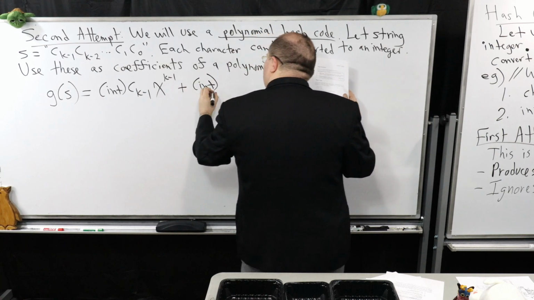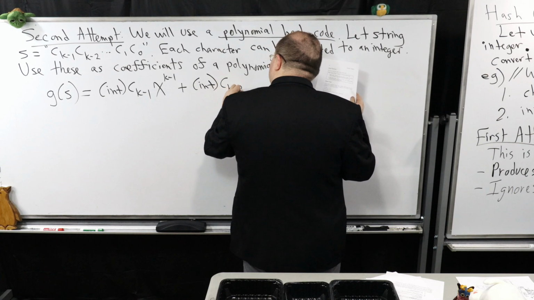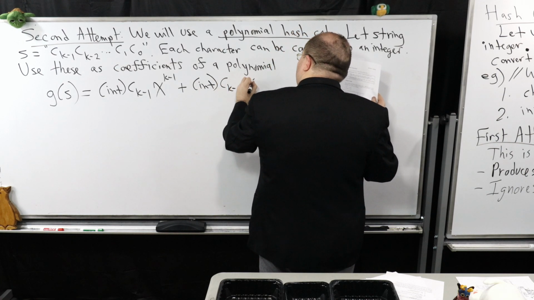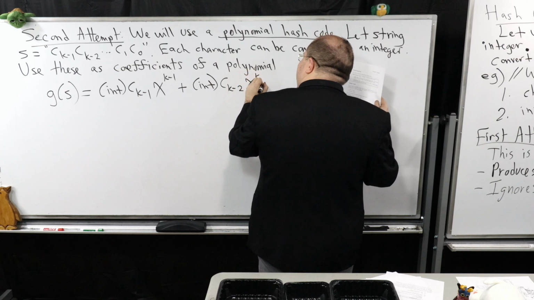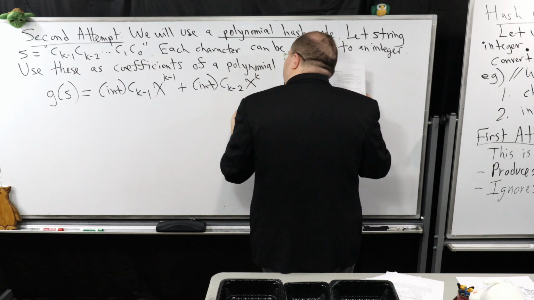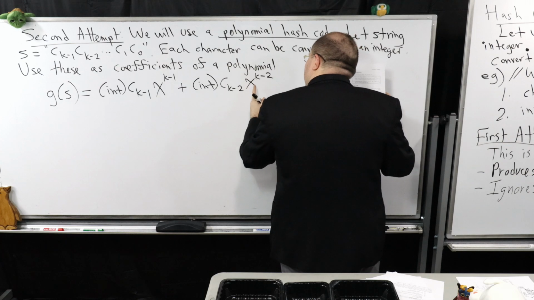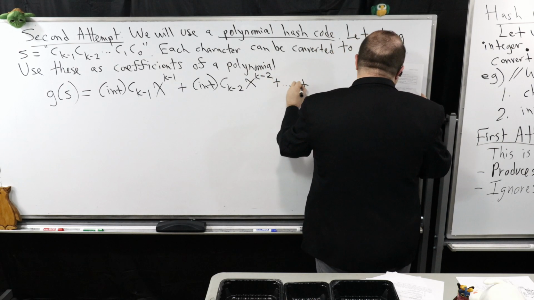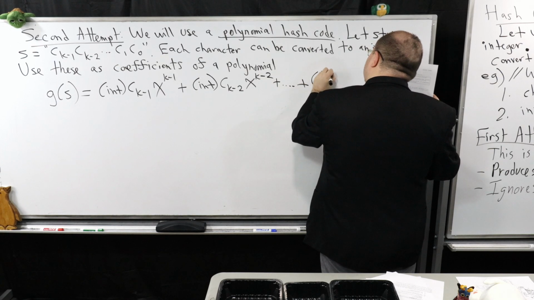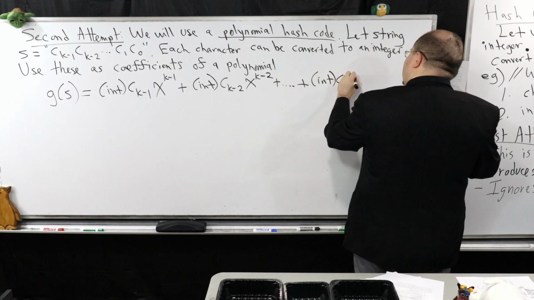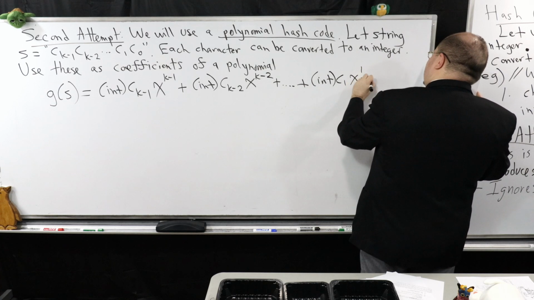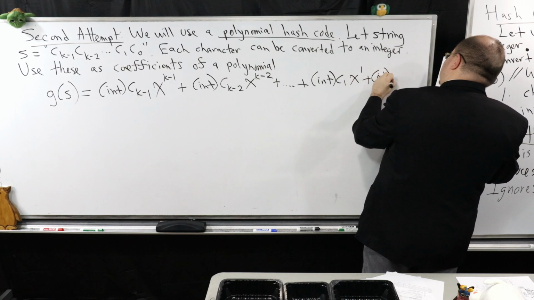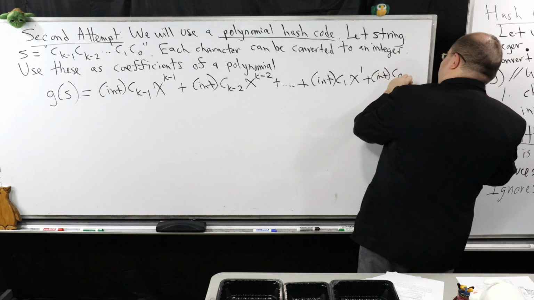I'm going to cast each character into an integer and multiply it by some value x, which I'll tell you an ideal choice for, raised to some exponent. And you add up all of these, C1 times x to the 1. And then lastly, we cast the last one, which is times x to the 0, which is just 1.